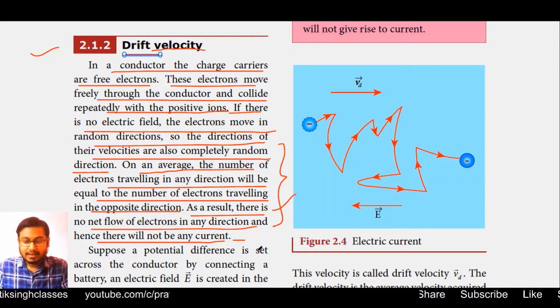That is why every material has subatomic particles which are unstable, unstable meaning they are always moving in some random direction in the absence of an external electric field.